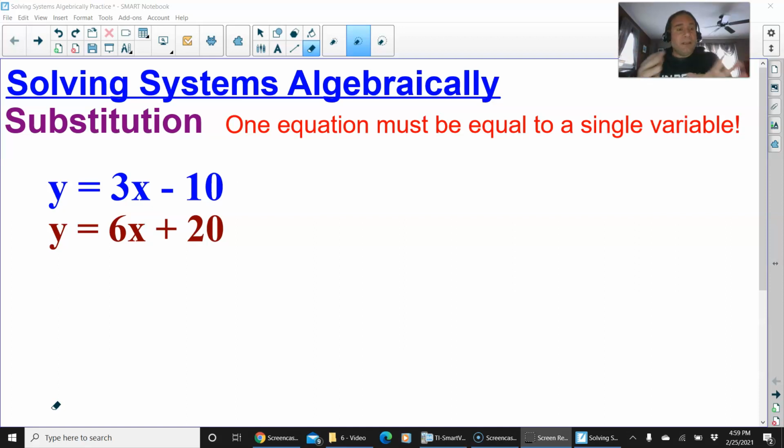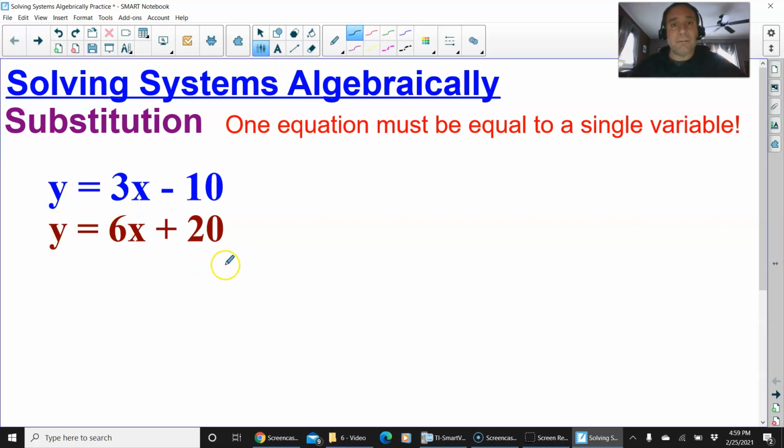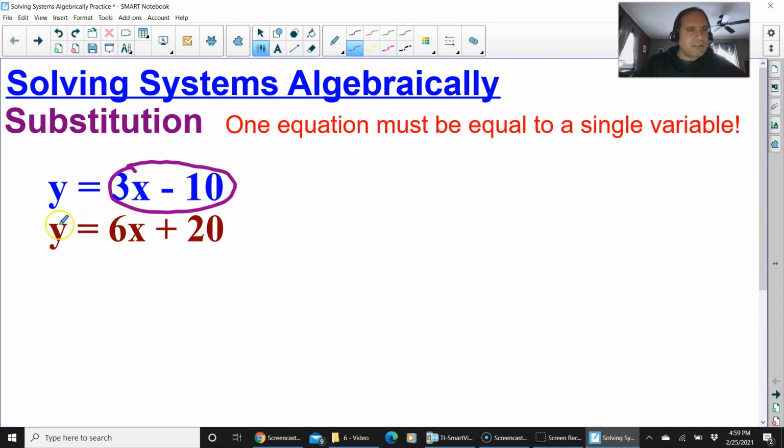In this case we have two equations that are both equal to a single variable, and that single variable is y. So when we have two equations equal to y, we just go ahead and circle one and substitute it in for the other.